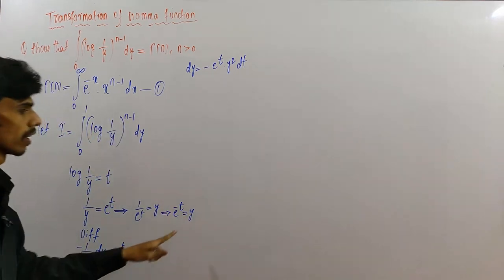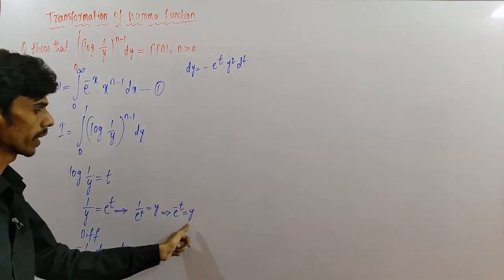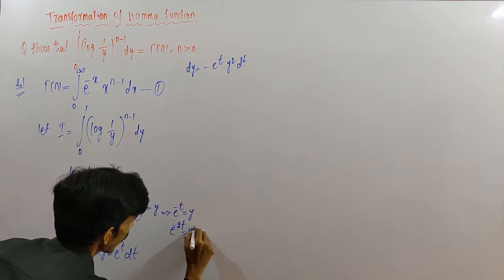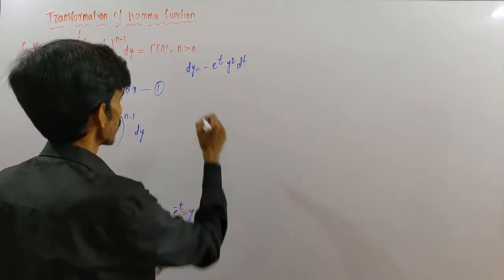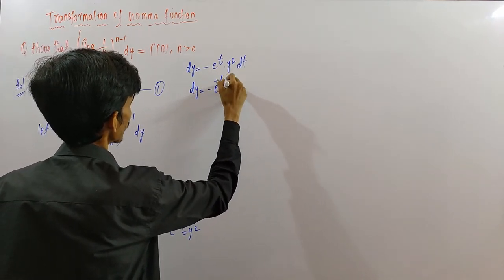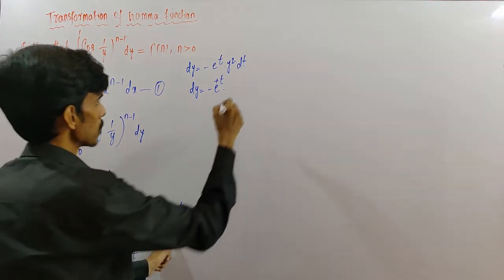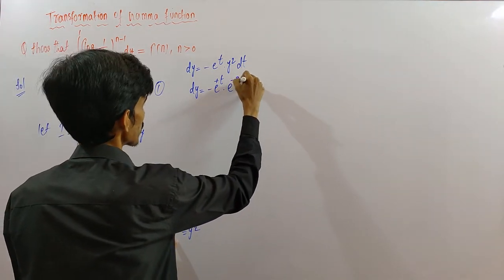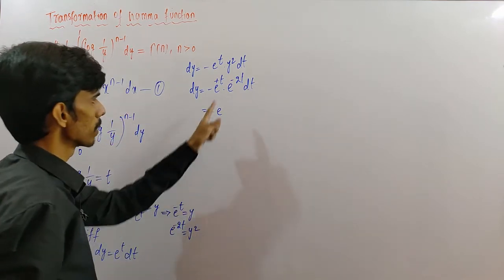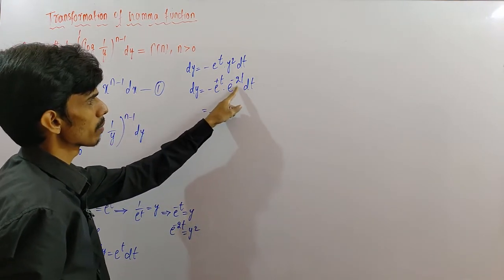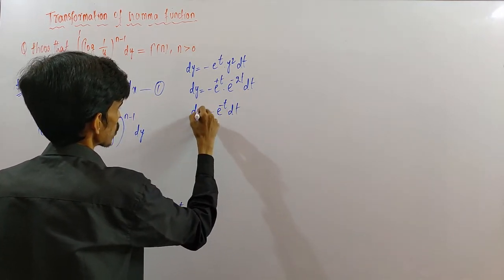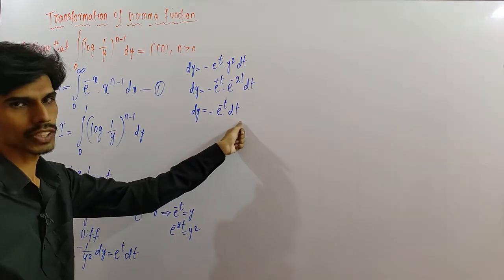Here we have y square, so squaring on both sides, we get e power of minus 2t as y square. So substitute here, dy is equal to minus e power of positive t into y square value e power of minus 2t dt. Bases are same, powers should be added, so t minus 2t, we have minus t. So we got dy as minus e power of minus t dt.